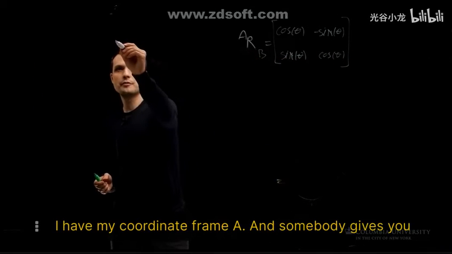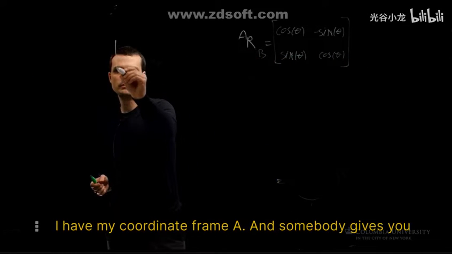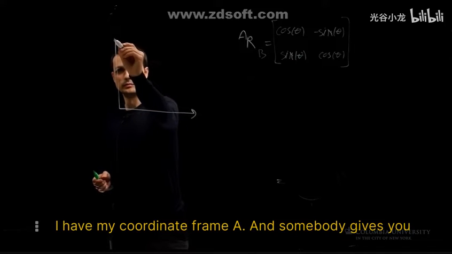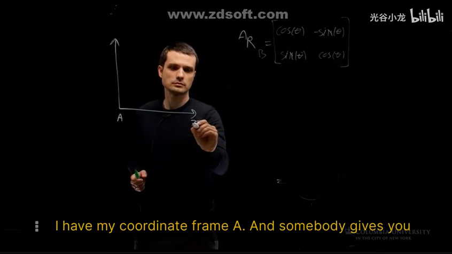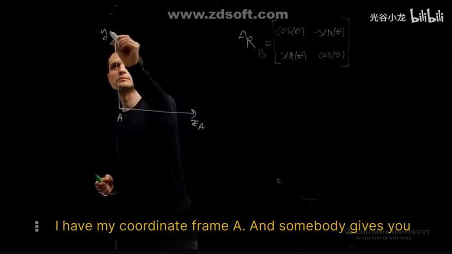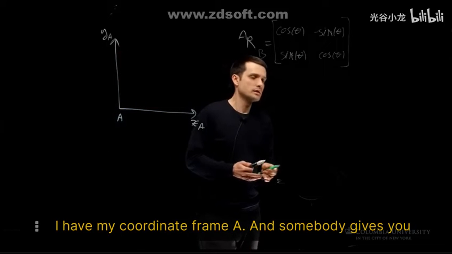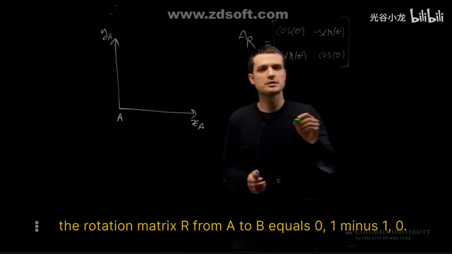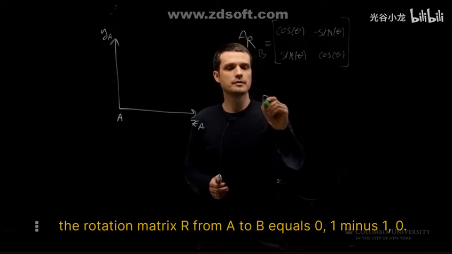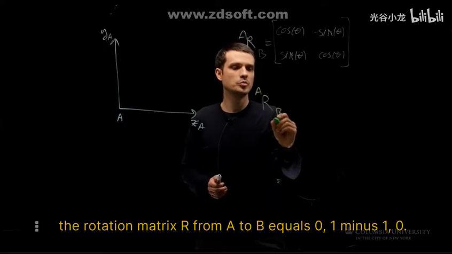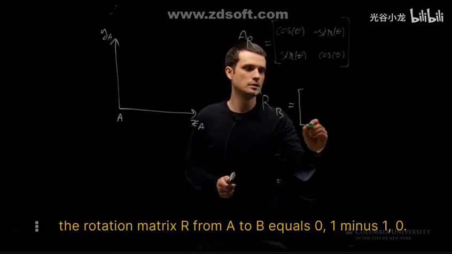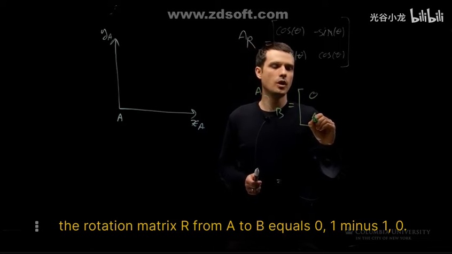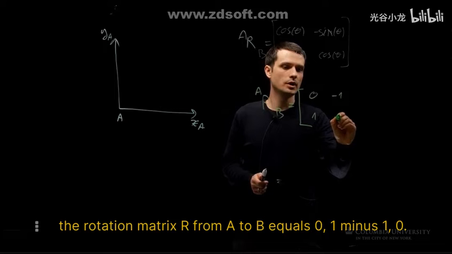I have my coordinate frame A. And somebody gives you the rotation matrix R from A to B equals 0, 1, minus 1, 0.